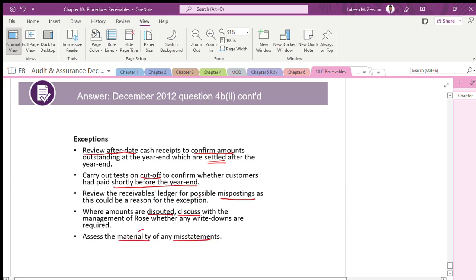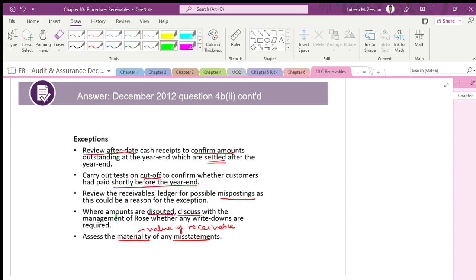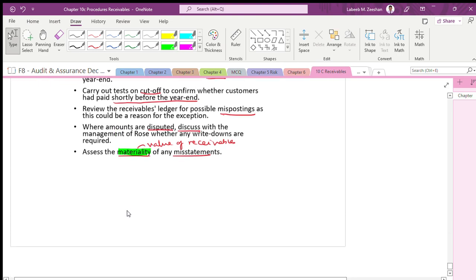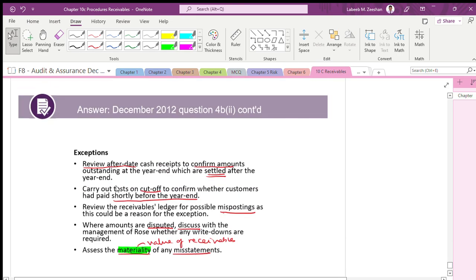Don't write value, you have to write materiality. Are you clear about this?